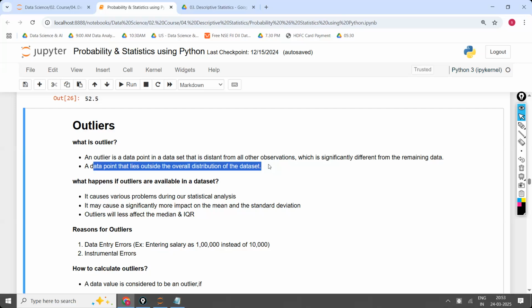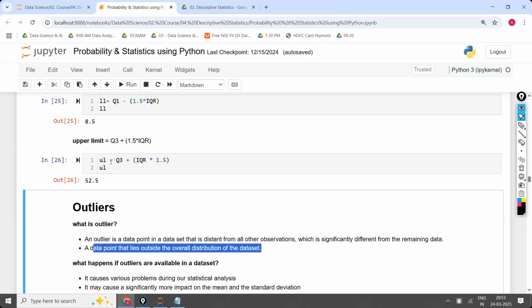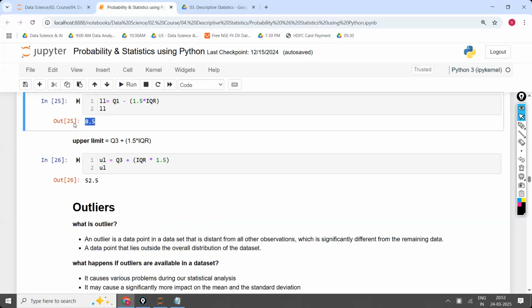Sir, how is it calculated? Calculation is only this one. Any value greater than the upper limit is called an outlier. Any value less than the lower limit is considered an outlier. Earlier I asked you to write the data set, those numbers, right? Everyone has written those numbers. Now in those numbers, are any outliers available? In the given data set, is any outlier available? Is any value greater than 52.5 available or not?